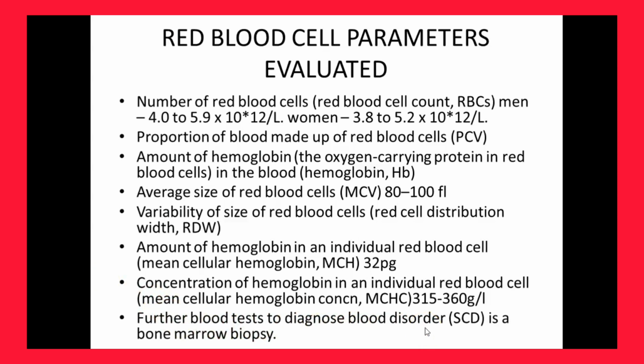Further blood tests to diagnose blood disorders include the bone marrow biopsy, where you check for the definitive cells that point straight to a problem of anemia or sickle cell disease.